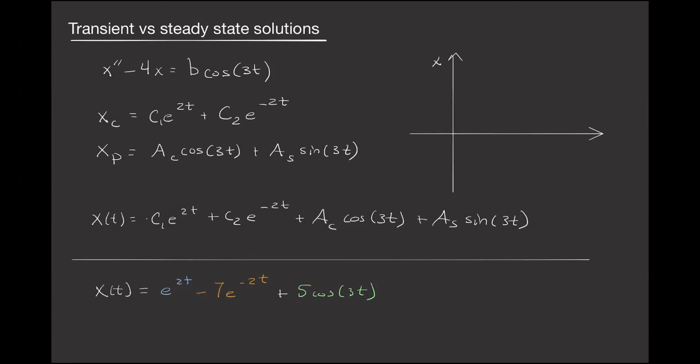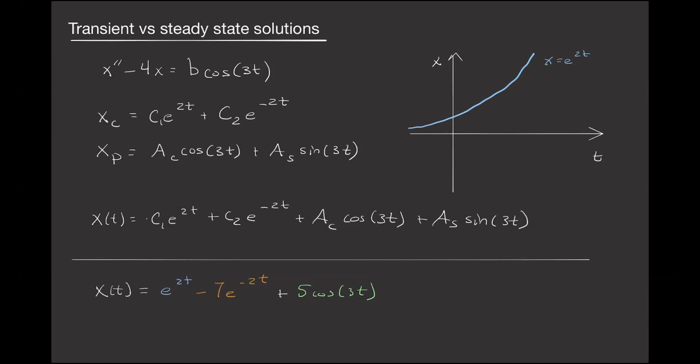Say here's the x-axis, here's the t-axis. If we look at e to the 2t, that's going to be an exponential, and it's going to look like this. This would be x is e to the 2t. Then we have negative 7 e to the negative 2t. How that's going to look is like this.